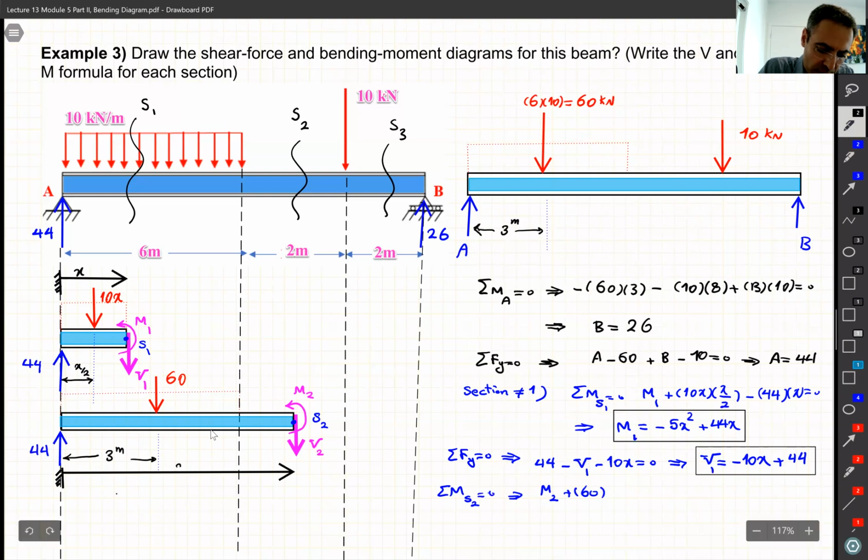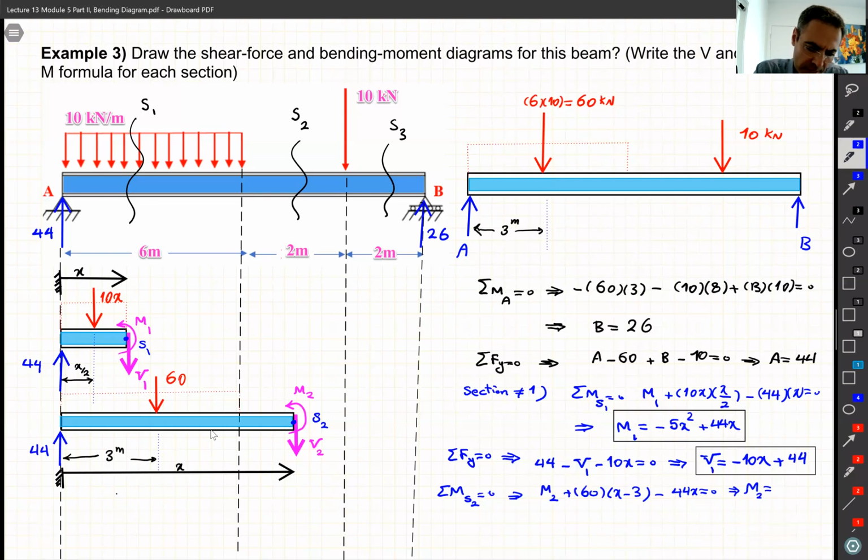So if the whole thing is x, then the distance is going to be x minus 3. And then what else? We have 44 multiplied by x, and it is negative. 44 multiplied by x equal to 0. It gives me M2. If I do that, it's going to be minus 16, please always check my calculation, plus 180.